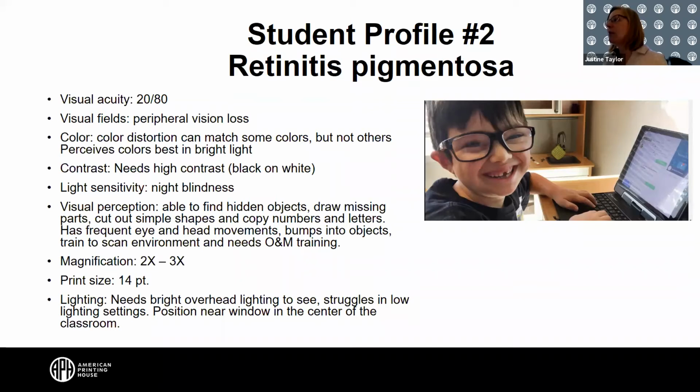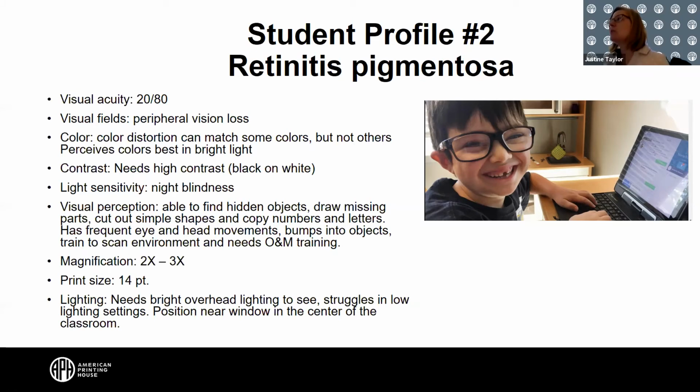They could match some colors, but not all the colors. And they perceived colors best in bright light. Their contrast needs were the high contrast colors, black on white. They had some light sensitivity issues with night blindness.